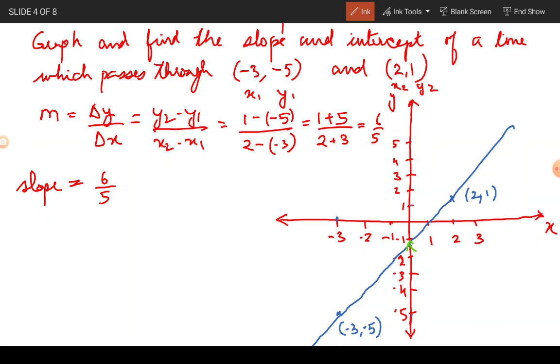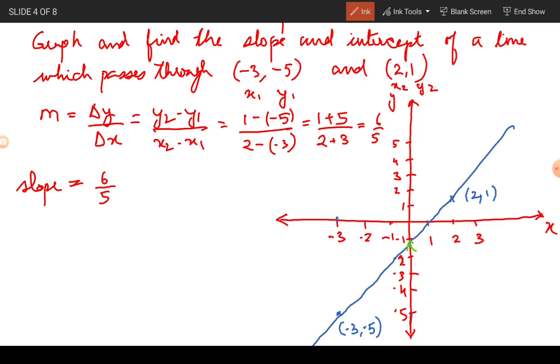Okay, the intercept, again, if you have plotted this accurately using a ruler, you can simply read it off this diagram. Because I haven't done that, I'm going to find the equation and then tell you the intercept.